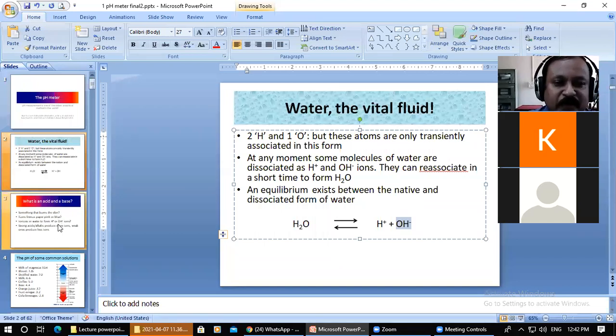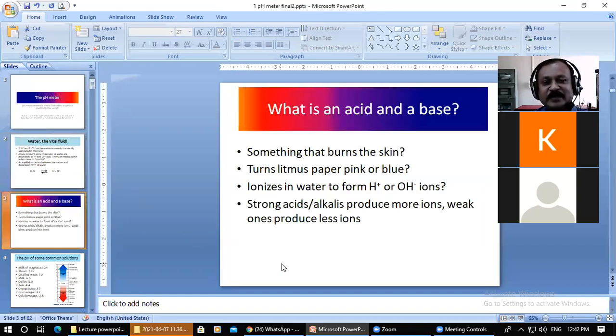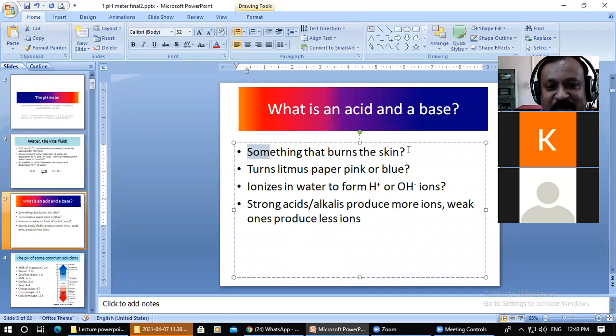Then we should also know what an acid and a base are. I think these are terms which you already know. Acids and bases cause burning of the skin. Everybody knows about it. An acid turns the litmus paper red or pink, and a base turns the litmus paper blue.